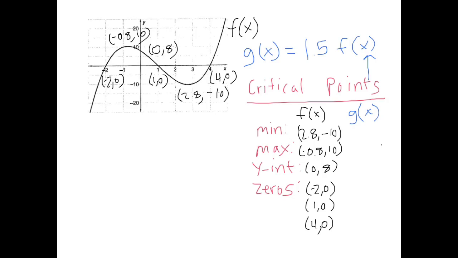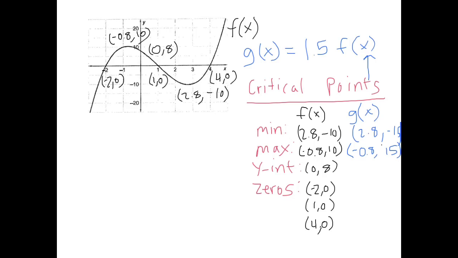Multiplying -10 by 1.5 gets us -15. So the minimum is (2.8, -15). Let's do the same thing with the max. If we plug in -0.8 for x, the value we get from f of x is 10. Multiply that by 1.5, and we get (-0.8, 15).